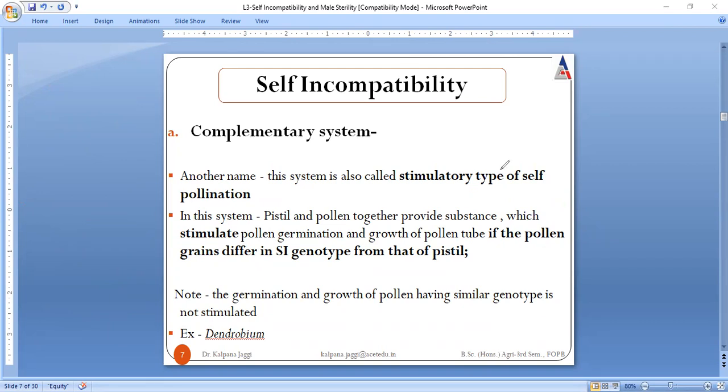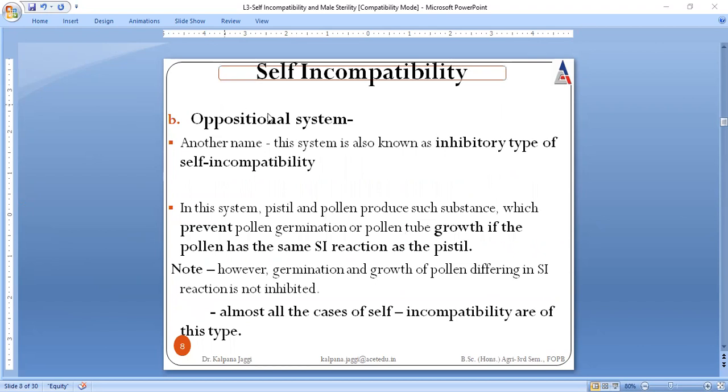This is the complementary system. Now we will discuss the other system, that is the oppositional system. In the oppositional system, again, we are discussing this classification on the basis of interaction between pollen grains and pistil.